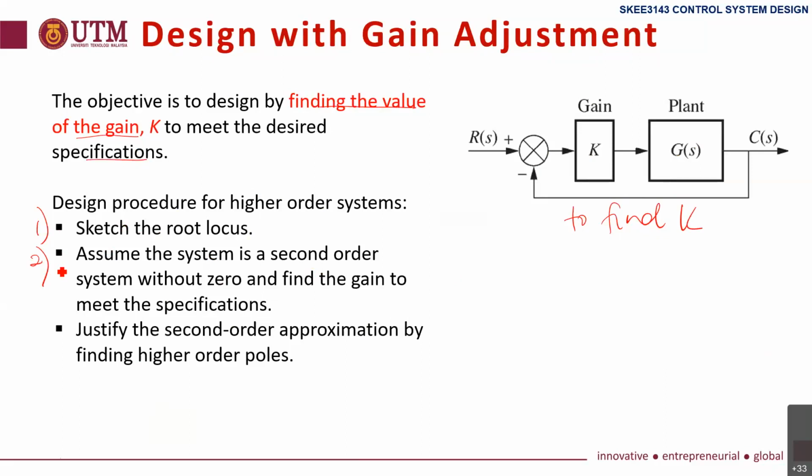Although the system is not second order, most probably many times third order, fourth order, or higher order, initially we will assume it's a second order system without zero, and find the gain to meet the specification. We will do one or two examples. We have done this actually during root locus in rule 9. It's the same. It's also gain adjustment control.